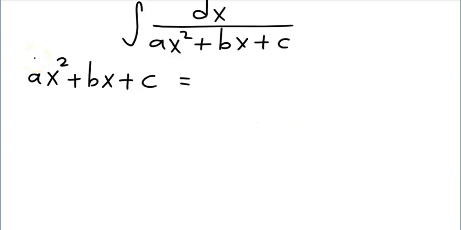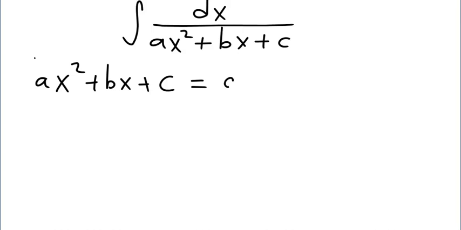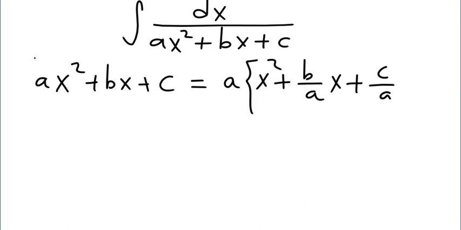Before proceeding with the integration of this rational function, let's rewrite the denominator in the following manner. First, by factoring out the a, you get a times x squared plus b over a x plus c over a.